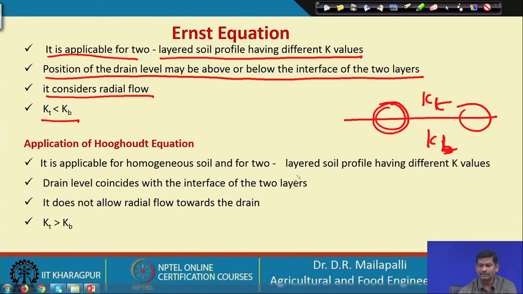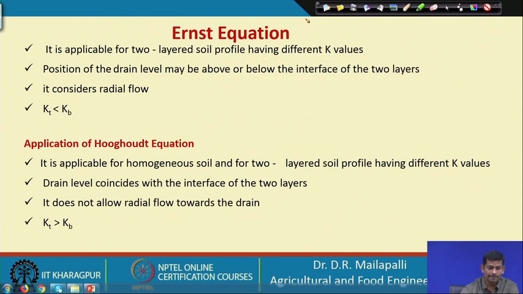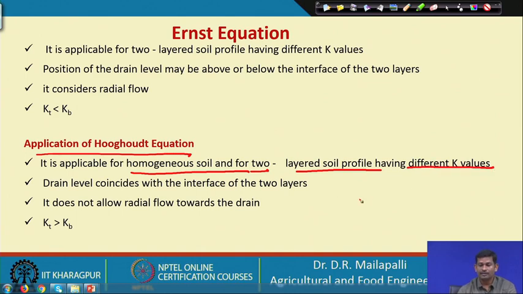That means the vertical head will be almost negligible, and mostly the flow takes place either horizontally or radially. The Hooghoudt equation is also applicable for a two-layer soil system having different k values, similar to Ernst, and the drain level coincides with the interface of the two layers.